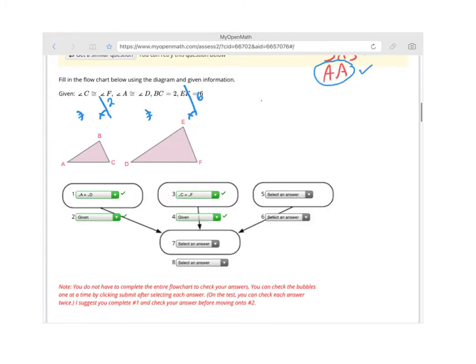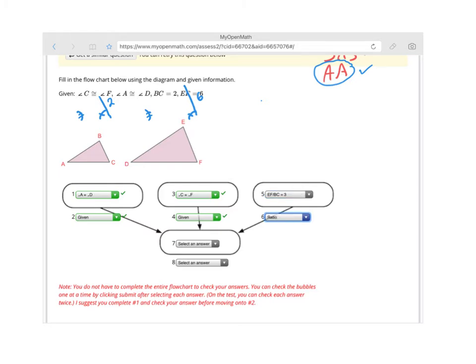Now, for the last one, there's actually two possible correct answers. I can either say what's given up here, EF over BC. Let me see if I can find that. Here, EF over BC is equal to 3, which is true, and that would be ratio.